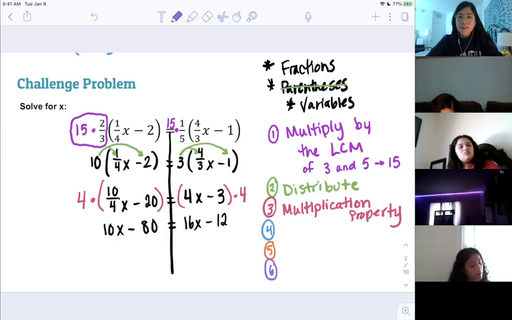Okay, I'm getting some answers that are decimals. Remember that I always want to see your final answer as an improper fraction. So if you sent me a decimal, go back and send it back as an improper fraction.